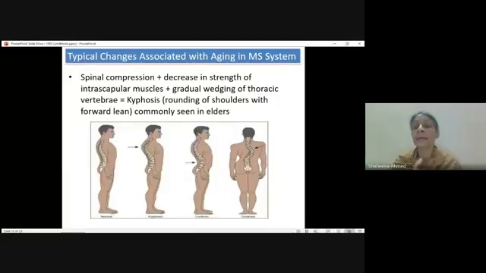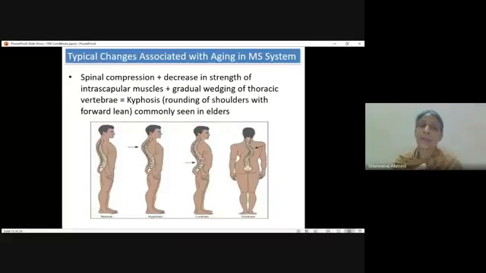Also, you will see that in older people there is rounding of the shoulders and there is kyphosis. This happens because the interscapular muscles lose their strength, because it is the interscapular muscles which pull the shoulders back. When they lose their strength, there is a rounding of the shoulders.